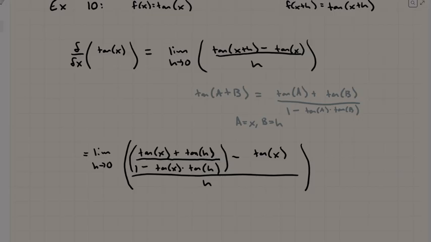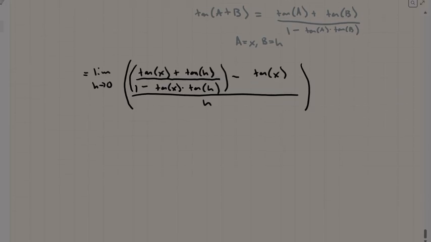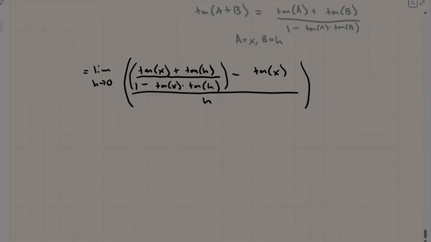Well, in order to combine the numerator together, we're going to have to subtract. And so what we want to do is we want to give these two terms the same denominator. And so this tangent of x, we need to give it a denominator of 1 minus tangent of x times tangent of h. And we do that by multiplying it by that stacked on itself.